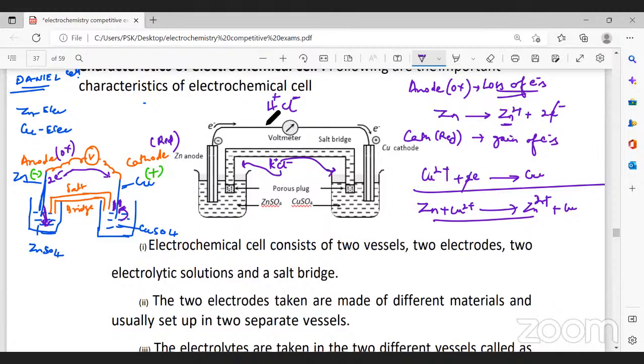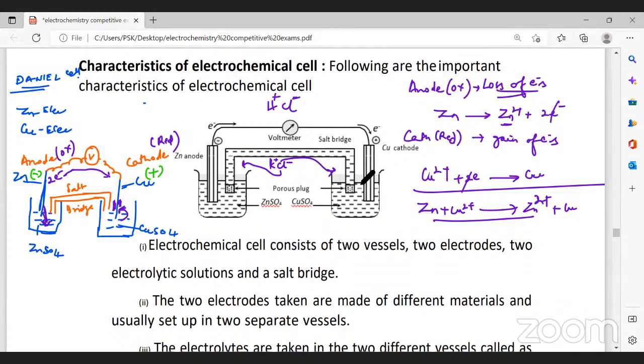If I use HCl, H+ will move towards the cathode more easily compared to Cl-. That means more H+ ions at the cathode and fewer chloride ions at the anode. There will be a charge difference. Assume 100 H+ ions move here and 10 Cl- ions move towards the anode.